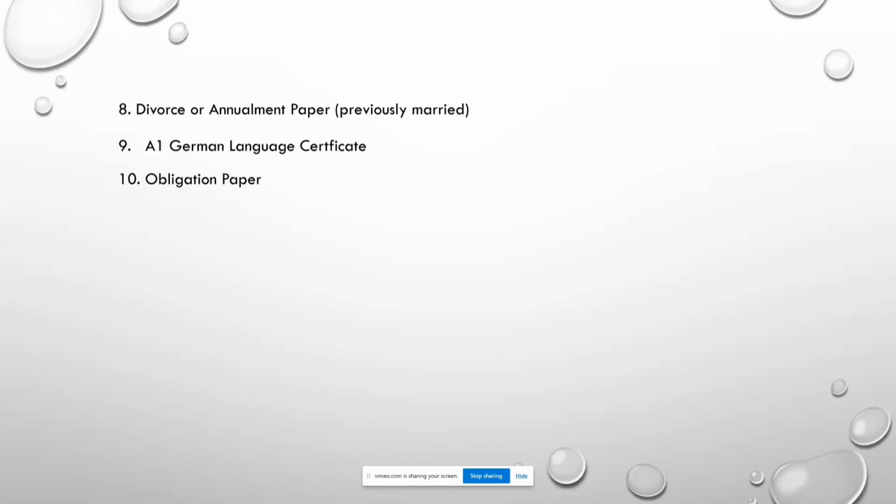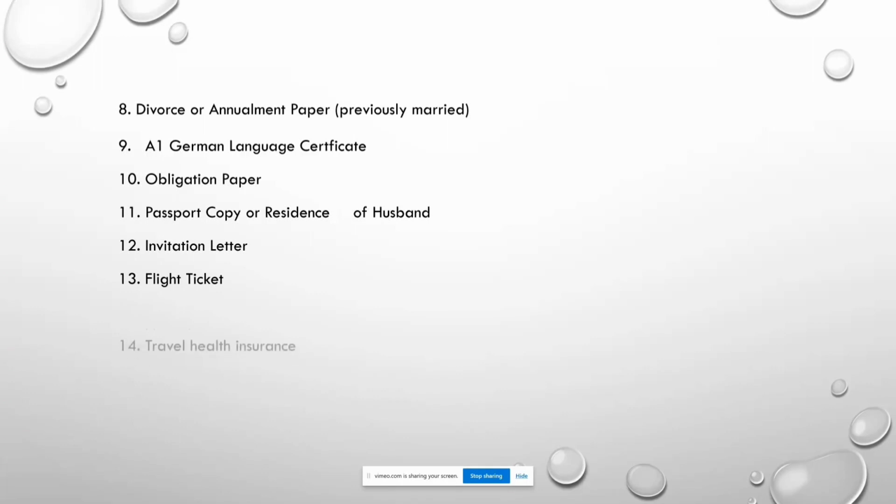And number 10, your obligation paper. Number 11, passport copy or residence permit of your spouse. Nakalimutan ko lagyan ng wife. Number 12 is invitation letter. Number 13 is your flight ticket. And number 14 is your health insurance.